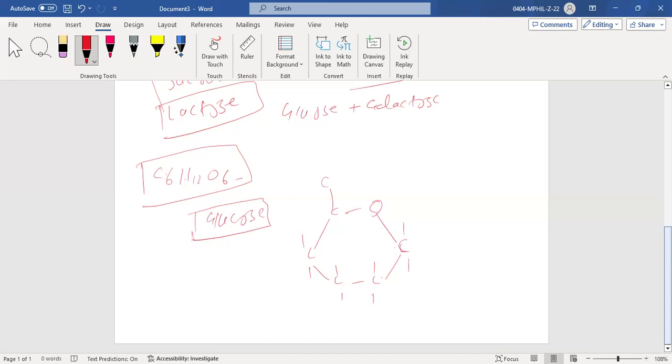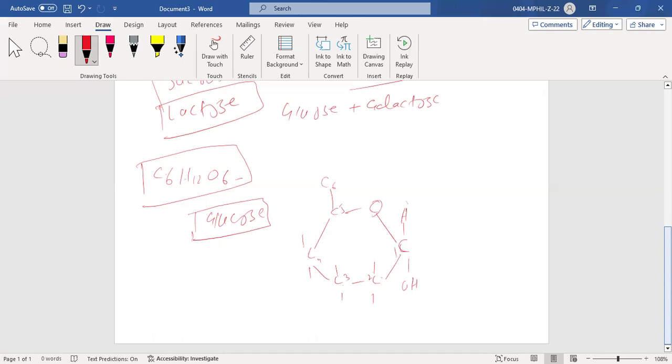I'm starting from here: this is 1, 2, 3, 4, 5, and you have 6 because it's a 6-carbon compound. So what would be at position number one? Hydrogen, OH.